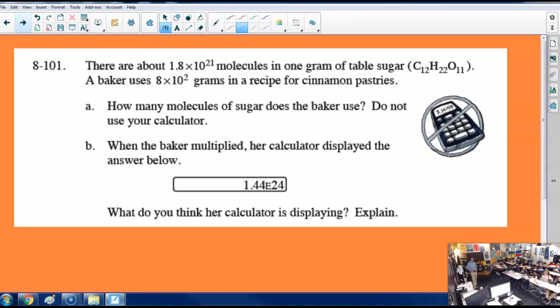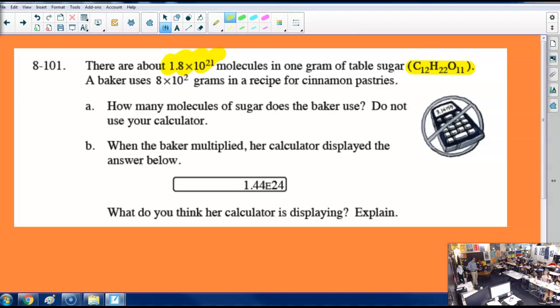Oh, sorry, we need to do A first. How many molecules of sugar does the baker use? So there are about 1.8 times 10 to the 22nd molecules in 1 gram of table sugar.